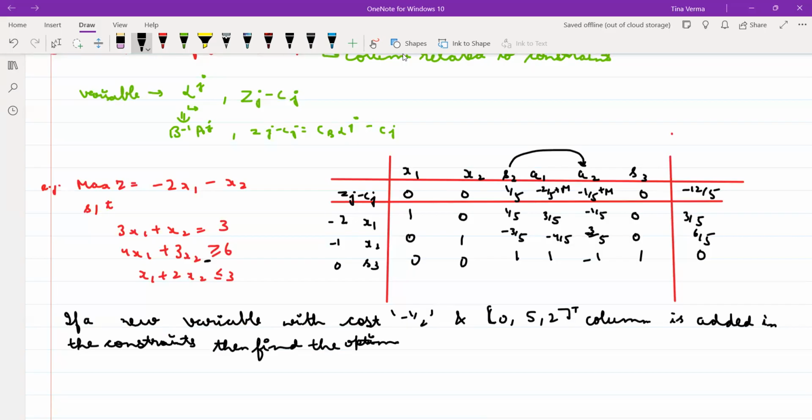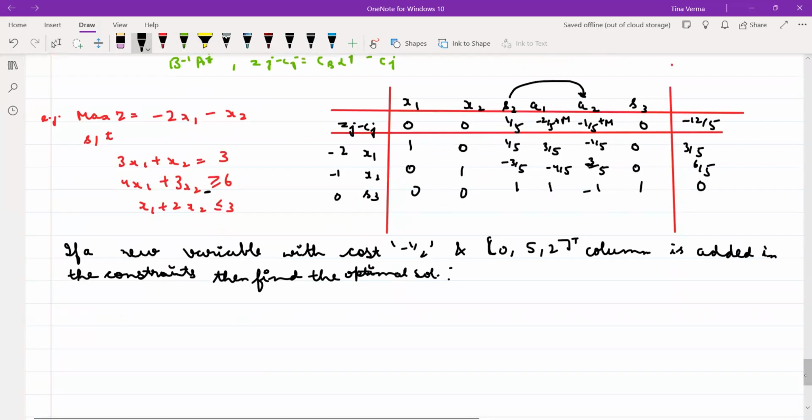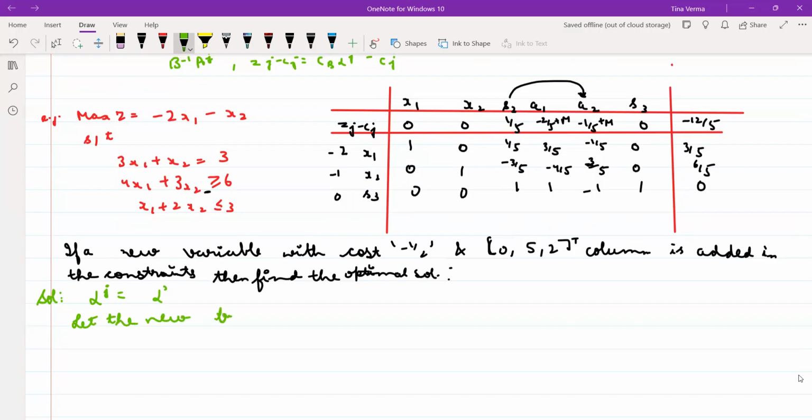Now you know, whenever we have to enter a variable into this simplex table, I just need to calculate my alpha j for that. Firstly I am assuming the new variable to be my x3.